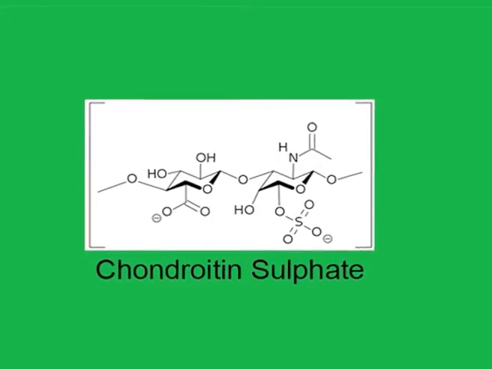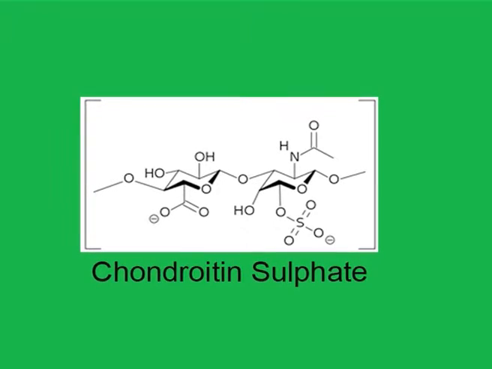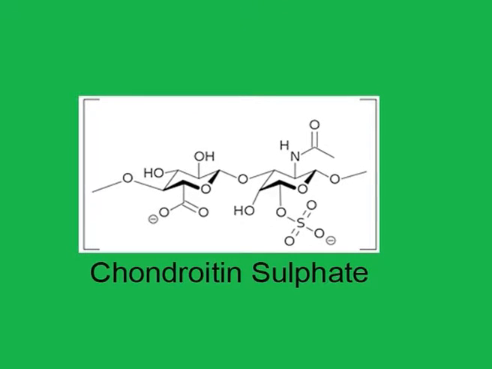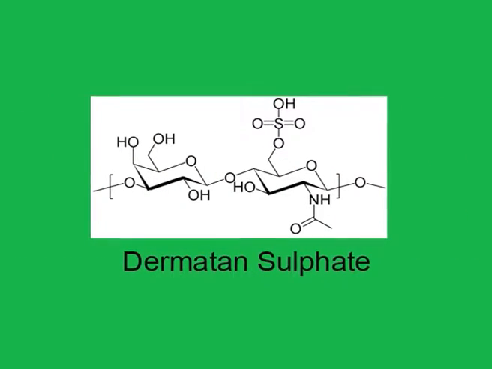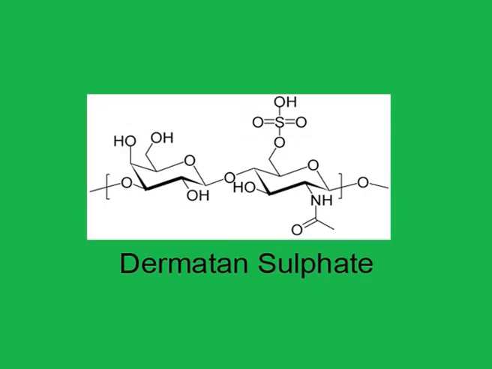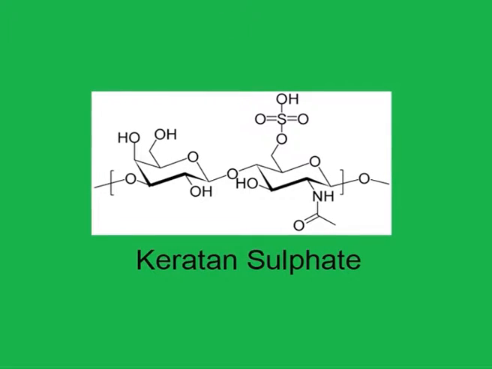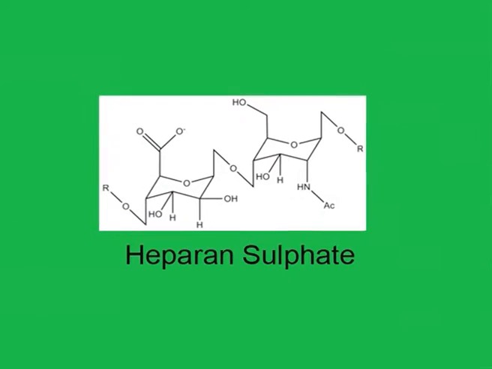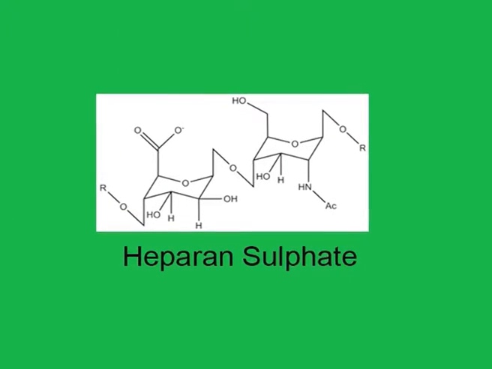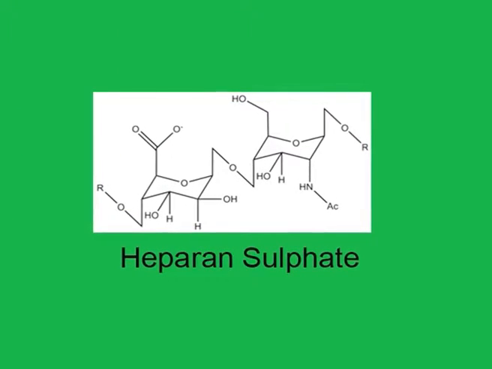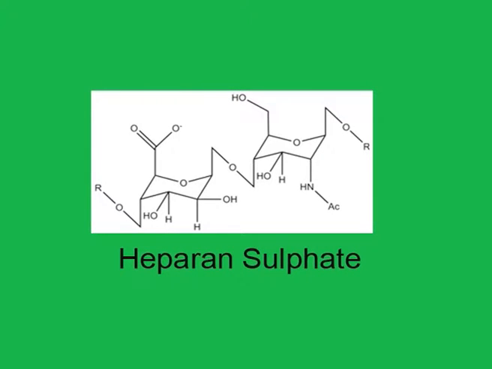Chondroitin sulfate and dermatan sulfate are important components of proteoglycans. As the name suggests, dermatan sulfate is found in skin, chondroitin sulfate is found in cartilage, and keratan sulfate is also found in cartilage, cornea and bones. Heparan sulfate is the most ubiquitous of all these heteropolysaccharides.